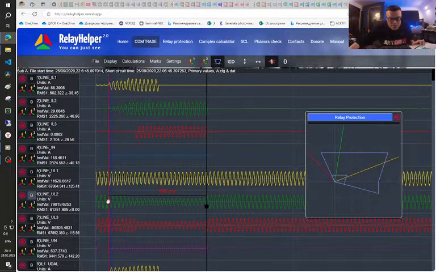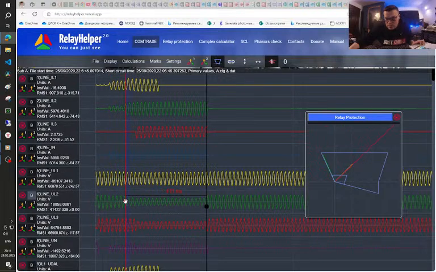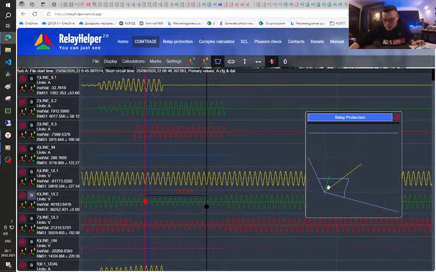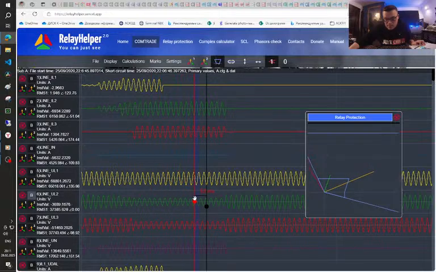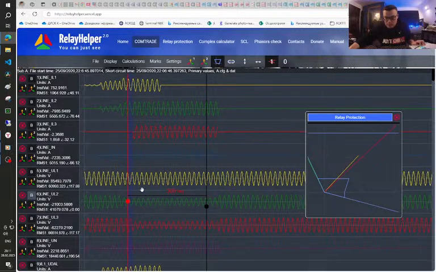So we just don't have time. And if we look at the impedance behavior, we see that only at this point the impedance went to the second zone, and it was near the third zone, but unfortunately it was not in the third zone.